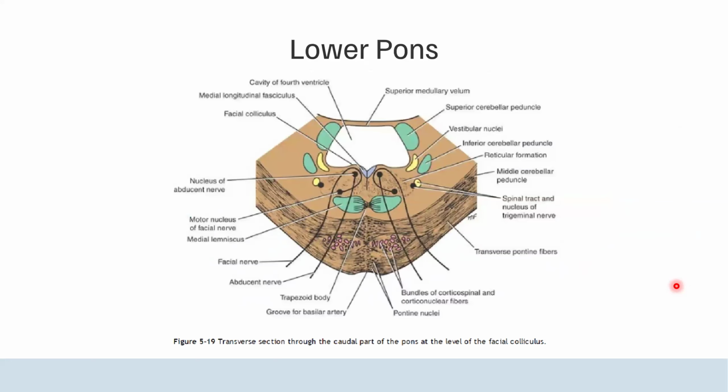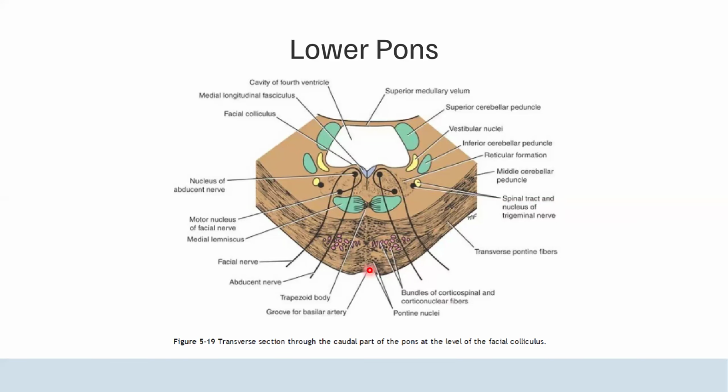Let's move on to the lower pons. How do I know that I'm within the pons? First of all, you see this basilar groove that we had within the pons, right? This is very, very indicative that, okay, now I've reached the point where the vertebral arteries actually conjoin together, where they coalesce to give me this basilar artery. So I need to have this basilar groove.